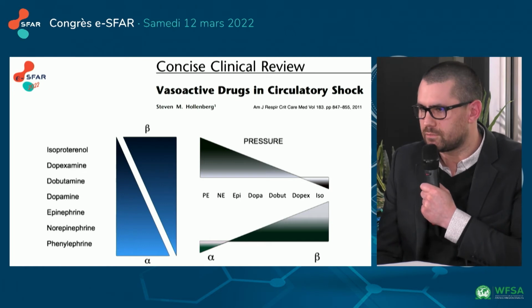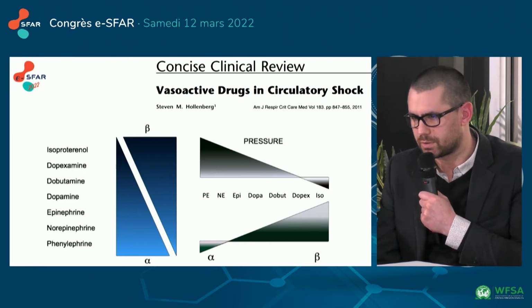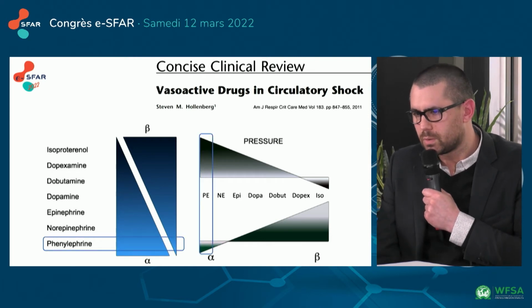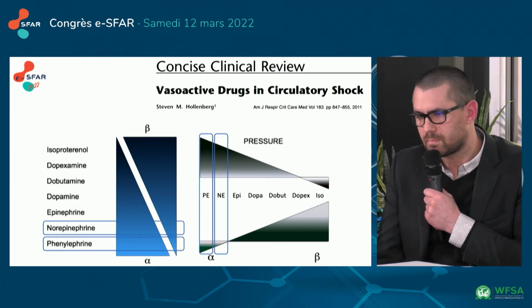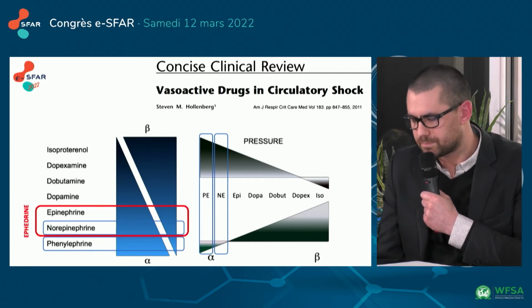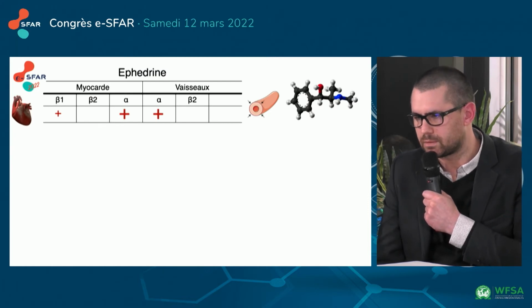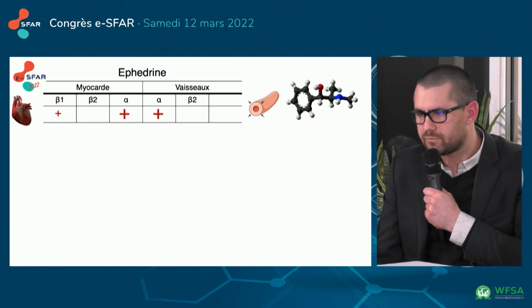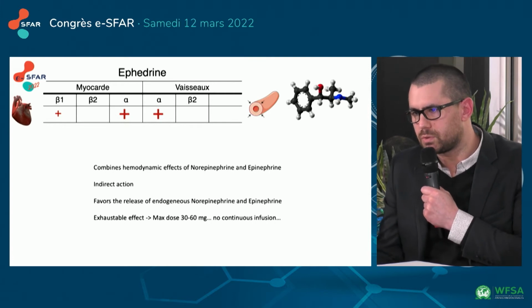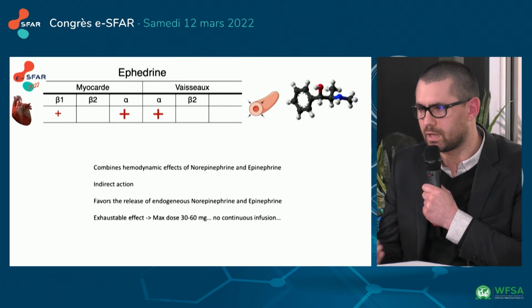So what are the vasoactive drugs you can use during any kind of circulatory shock? Usually in the OR, we do use phenylephrine, norepinephrine, and most of the time we use ephedrine. So I'm going to go through those three types of catecholamines. Ephedrine, as you know, combines the hemodynamic effects of norepinephrine and epinephrine.